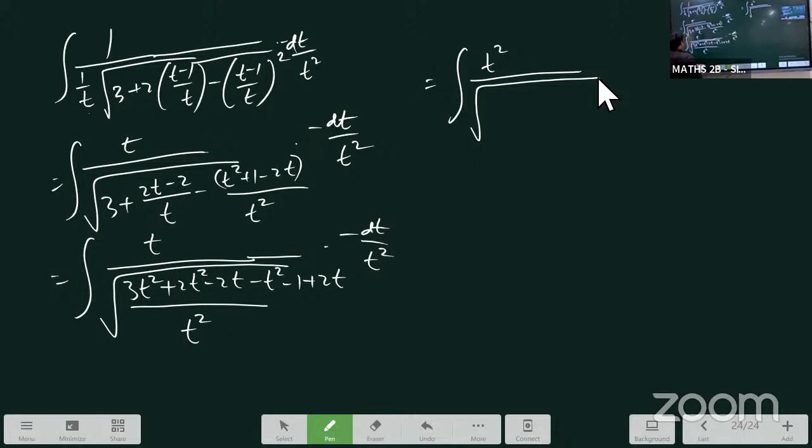3 plus, once you use 3 plus, so what I was left with is, okay, this 2t gets cancelled, and this is 3t square plus 2t square minus t square, 5t square minus t square is 4t square.